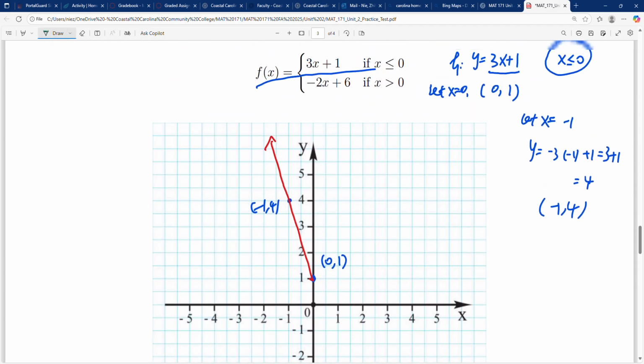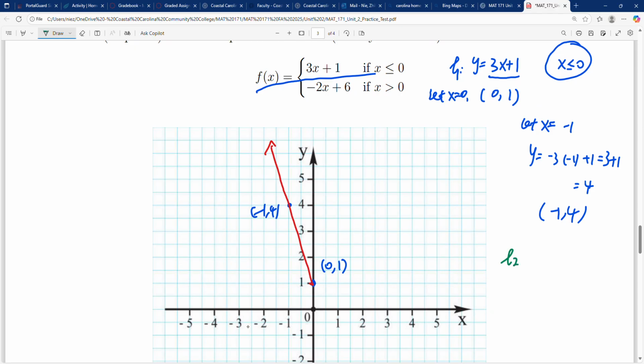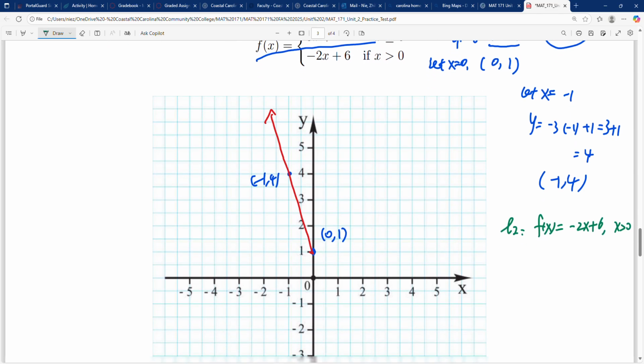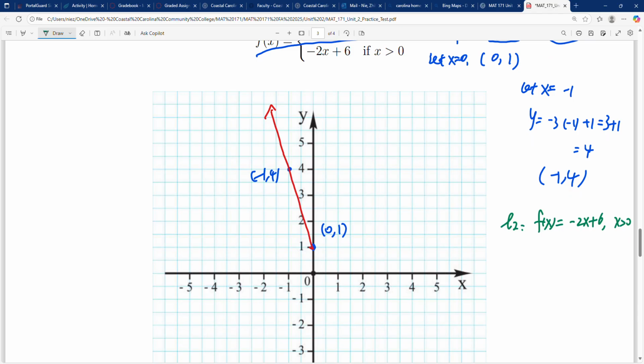Now let's see another function. It's going to be L2. L2 is f(x) or y equal to negative 2x plus 6, and here we should make sure x is greater than 0. So you cannot use 0. You know, when x equal to 0, you're going to get a circle, no matter where you find the point. Alright, use a circle since x equal to 0 is exclusive on this line.